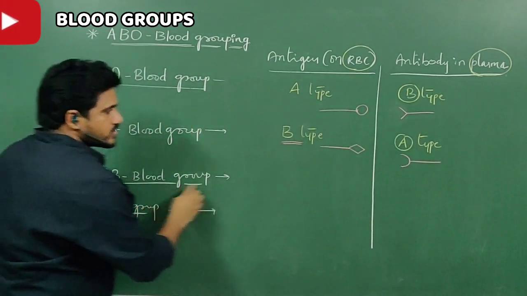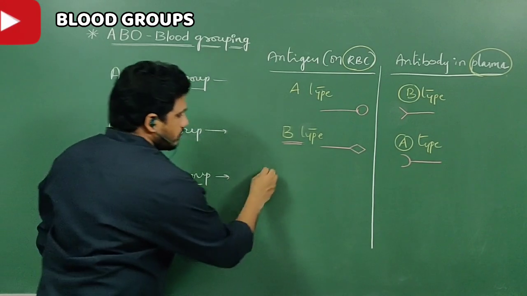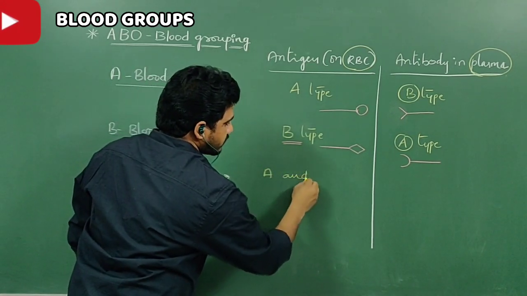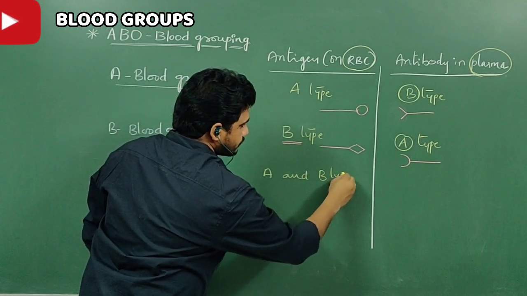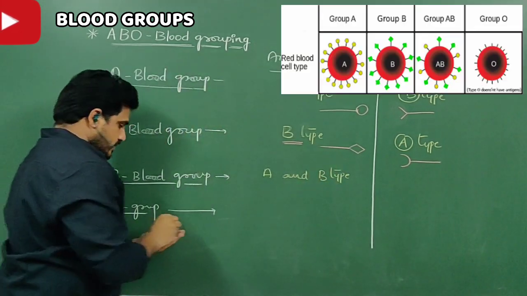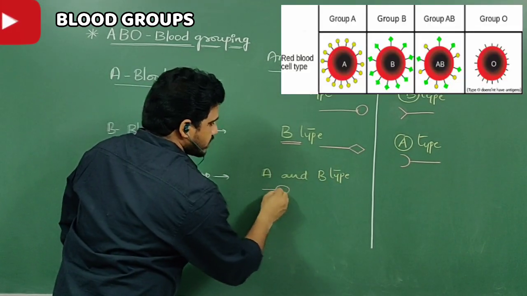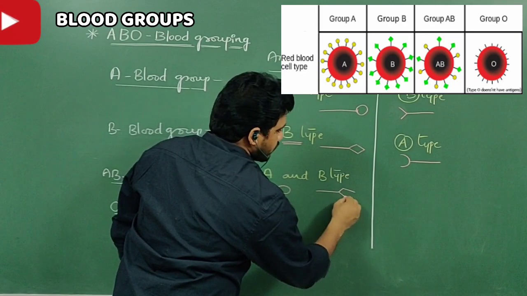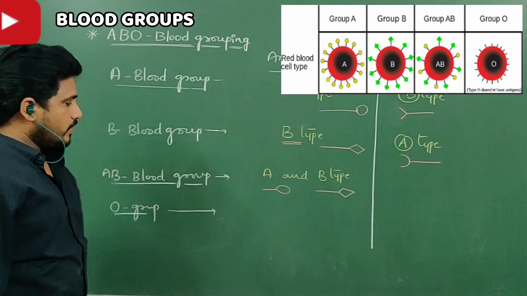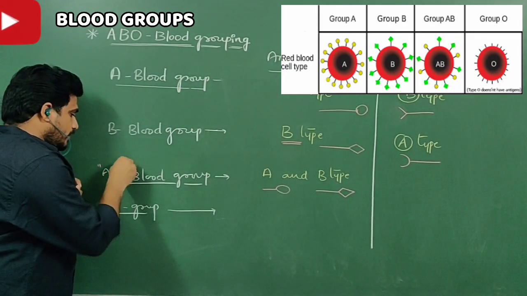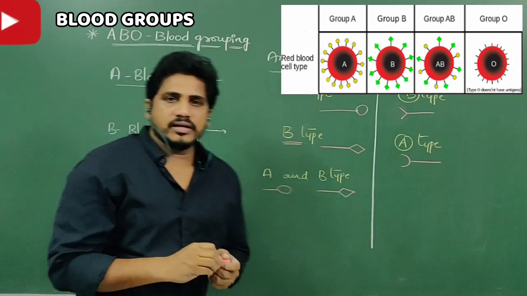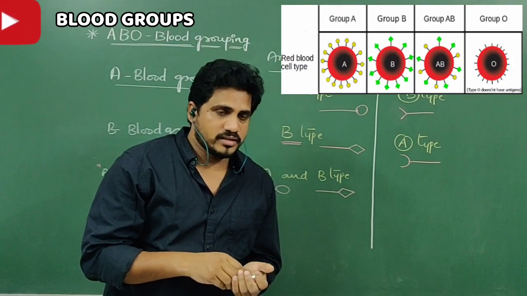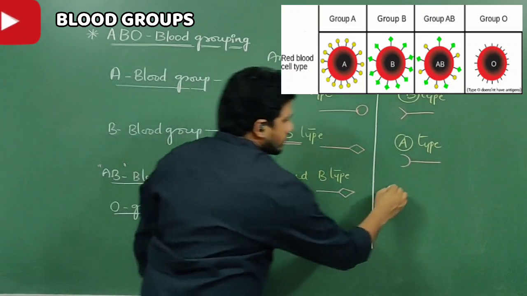Now, an AB blood group person has both A and B type, meaning this is A type and this is B type. And now my question is, do AB blood group persons consist of antibodies? No. So, nil.